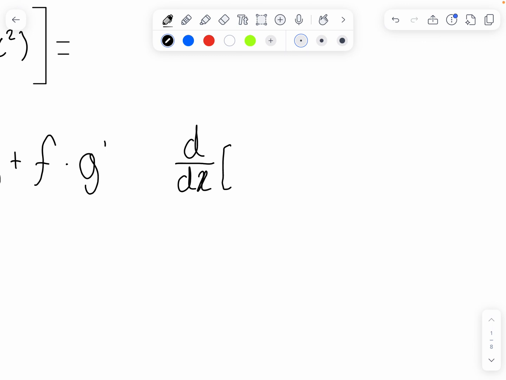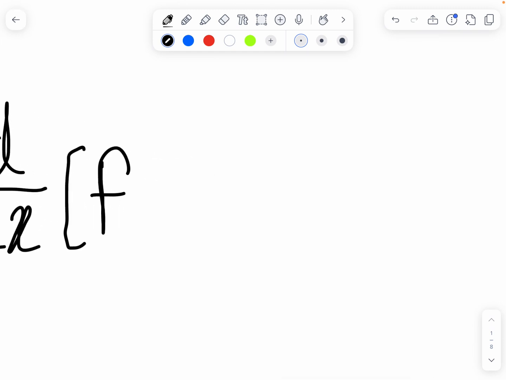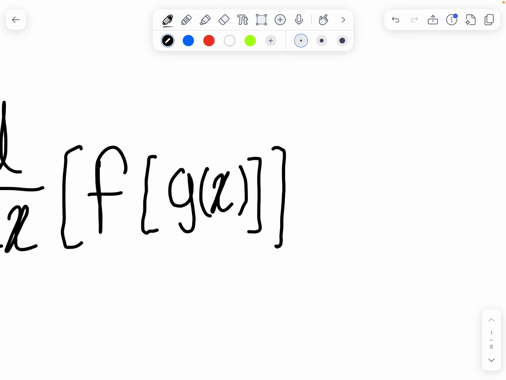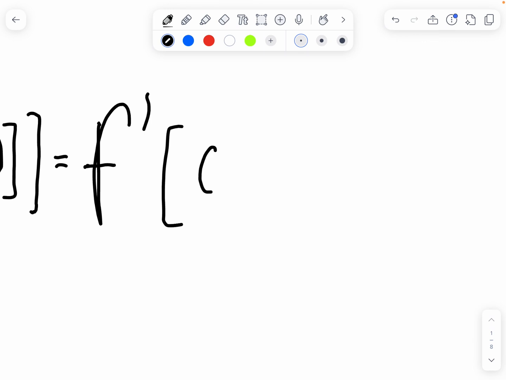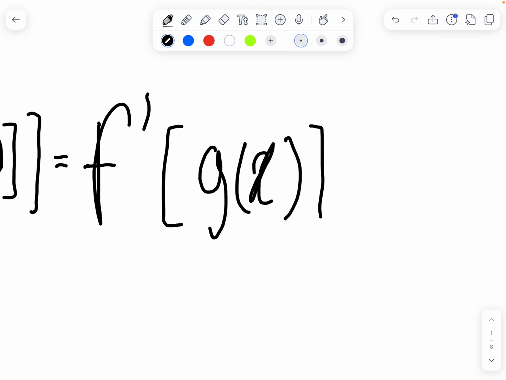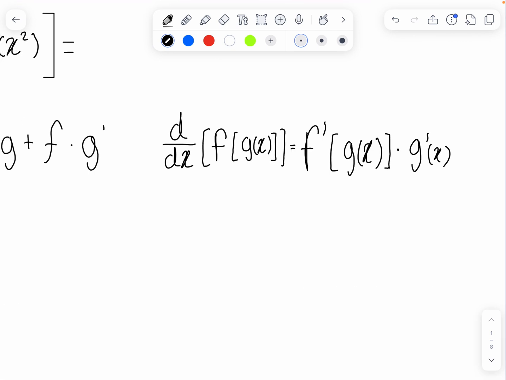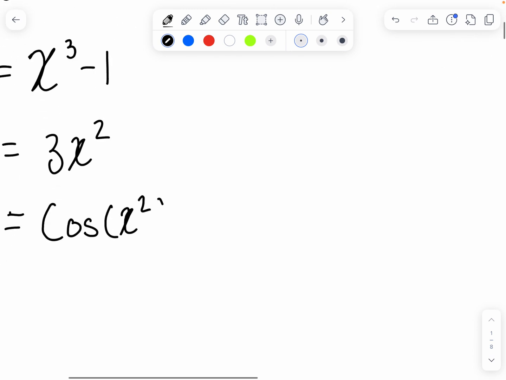It basically states that for f of g of x, a composite function, where for us the f would be the cosine and the g of x would be the x squared, the derivative is the derivative of f times the regular value of g of x times the derivative of g. So yeah, that's the chain rule.